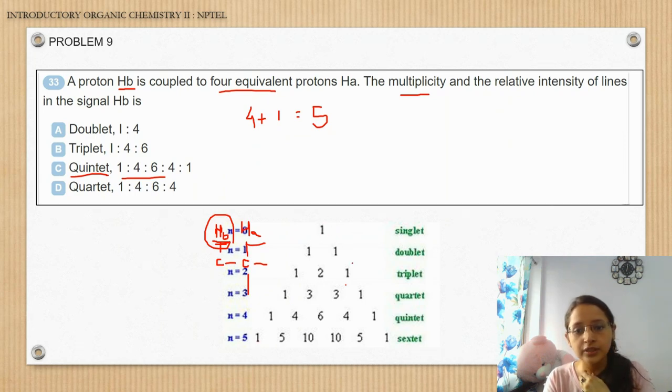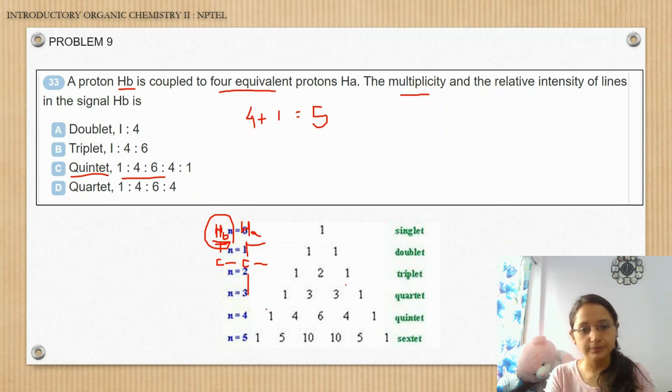This is nothing but a Pascal's triangle, which is operative in the intensity calculations of 1H NMR. When you have to see the intensity, you have to follow this Pascal triangle. I will advise you to please remember this triangle so that we can solve the problems according to it. I remind you again and again that this is the Pascal triangle which we have discussed. Please keep this triangle in mind so that it is very easy for you to understand the related concepts.